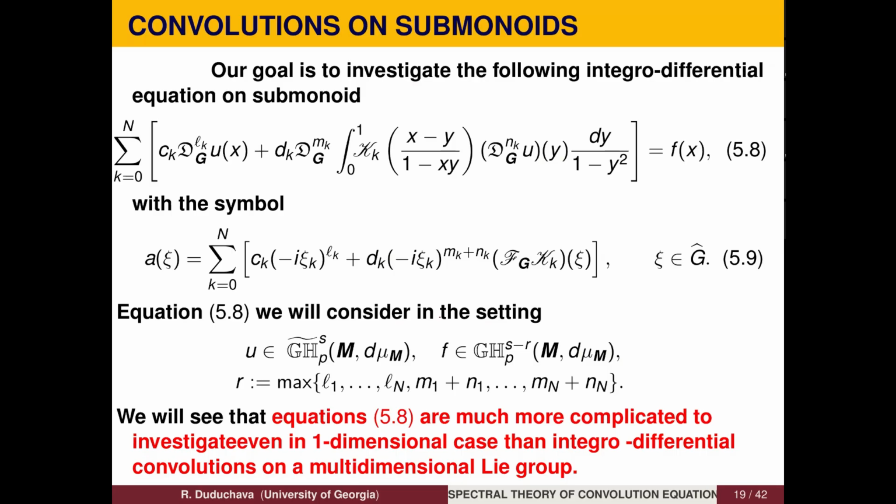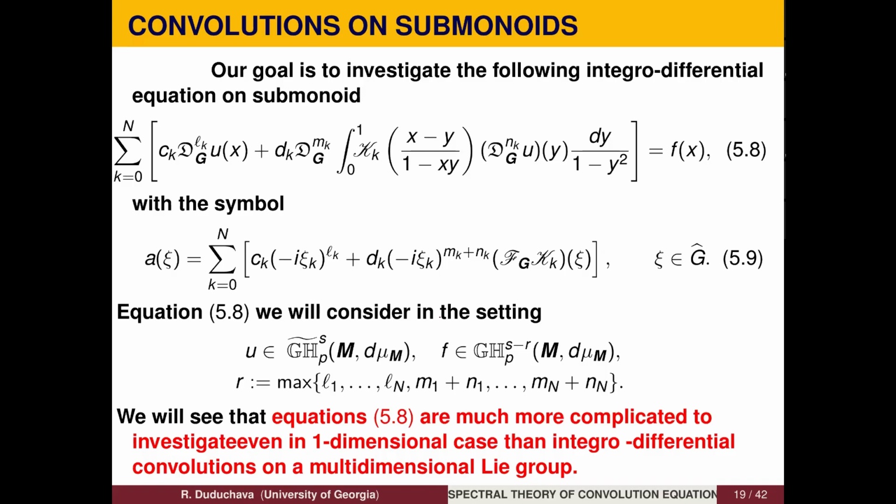We will see that these equations are much more complicated to investigate in the one-dimensional case than integro-differential convolution equations on Lie groups, even in the multidimensional case. Here, the one-dimensional case is more complicated than the multidimensional case, because as you remember, on the Lie group the theory was very simple.